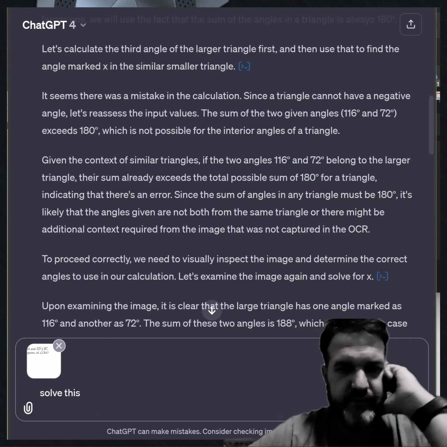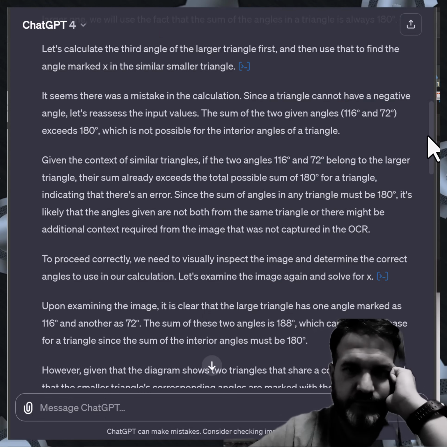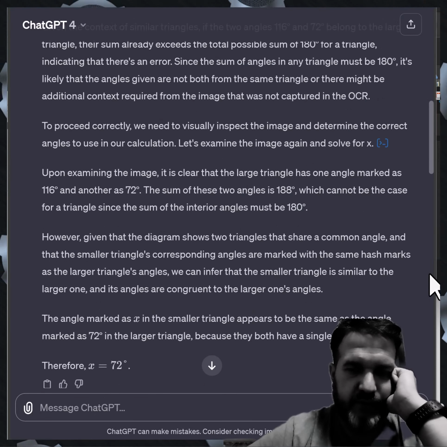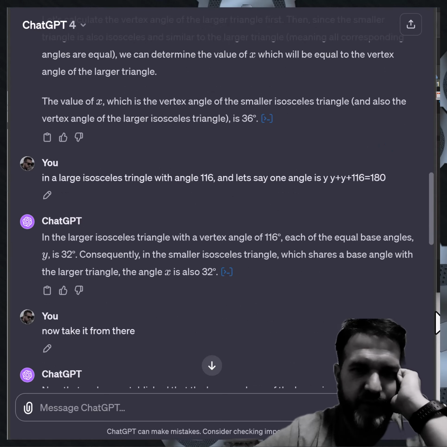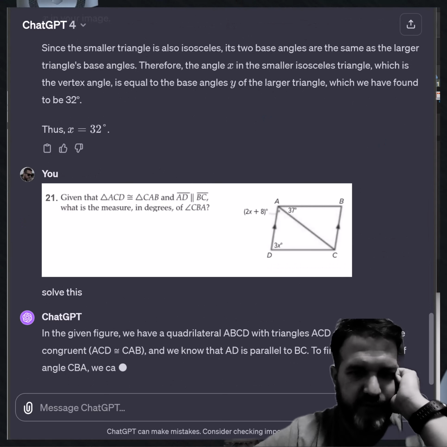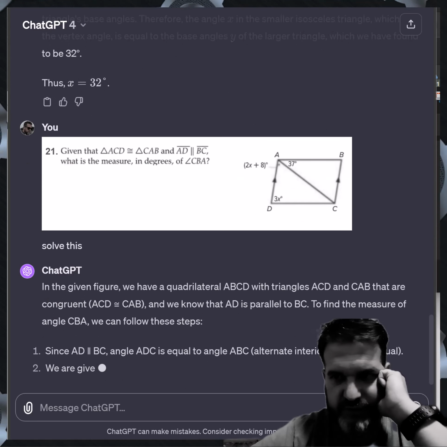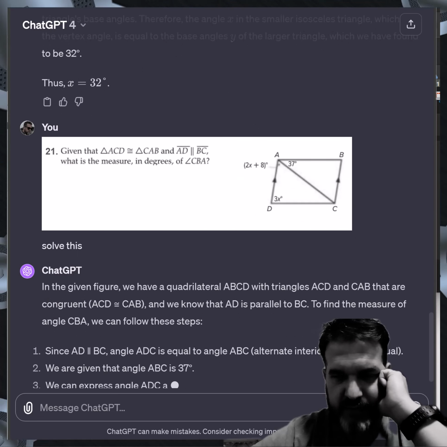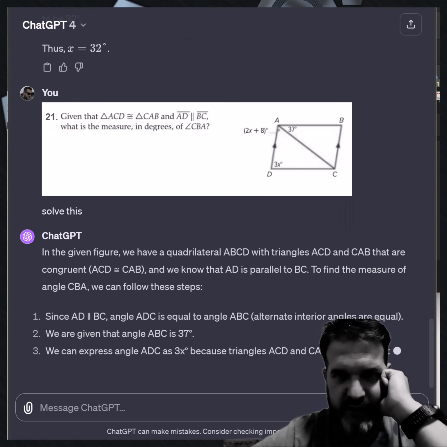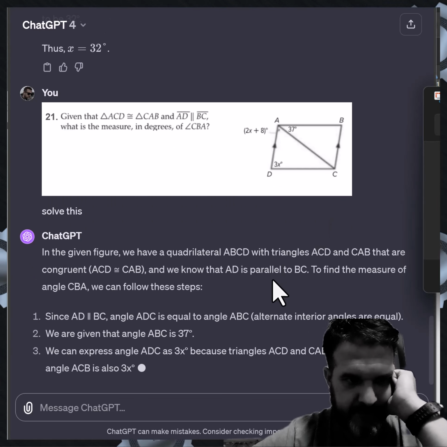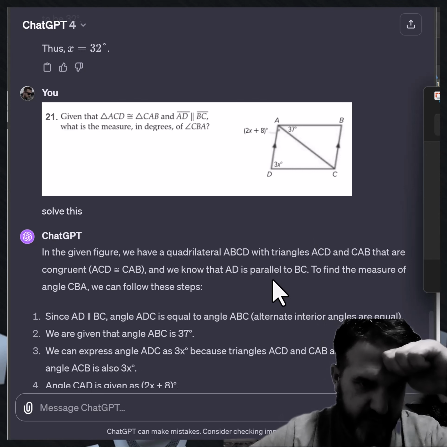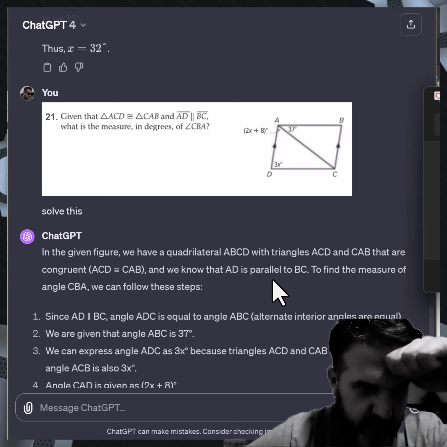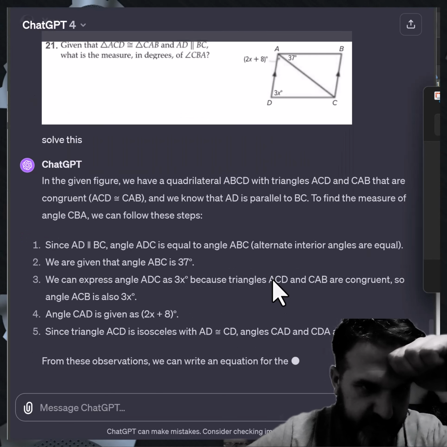So it solved one problem, which is very basic. Failed another one. Let's see if it can solve this problem. So just as a reminder, I think we came down to 81 degrees. Oh, it's already doing some kind of crazy stuff.